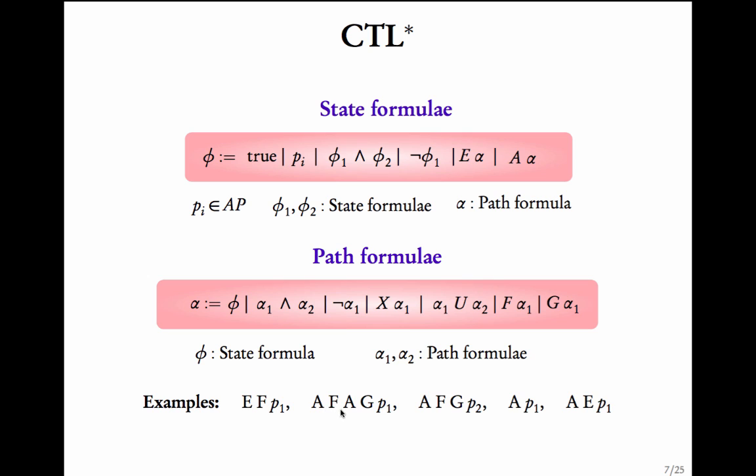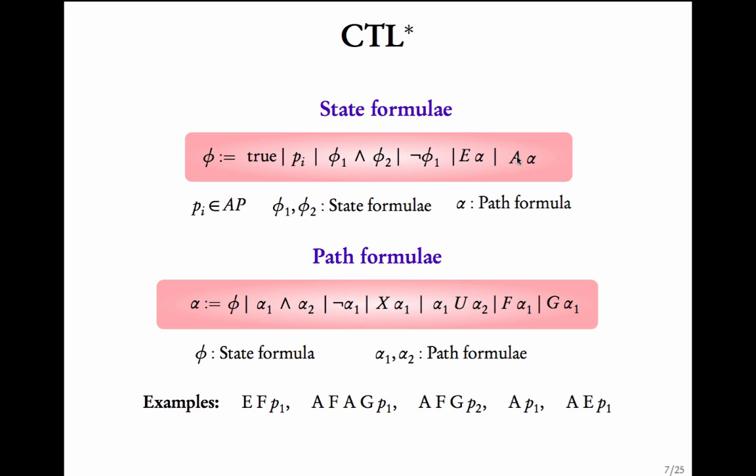What about AFAGP1? This is again a state formula because it's of the form A alpha, where alpha is F of AGP1. It can be F of alpha 1. So AGP1 should be obtained on some alpha 1, but for this you use the fact that alpha can be one of the state formulas.